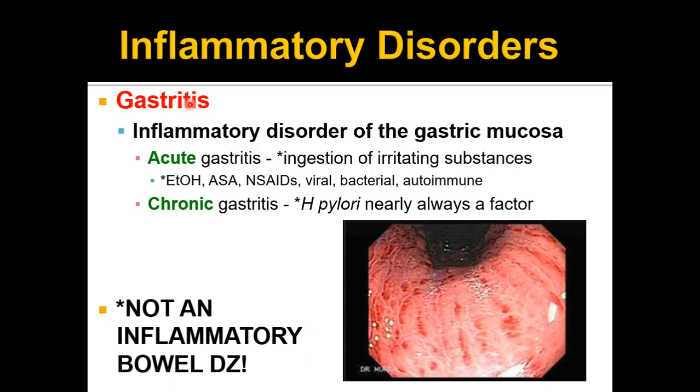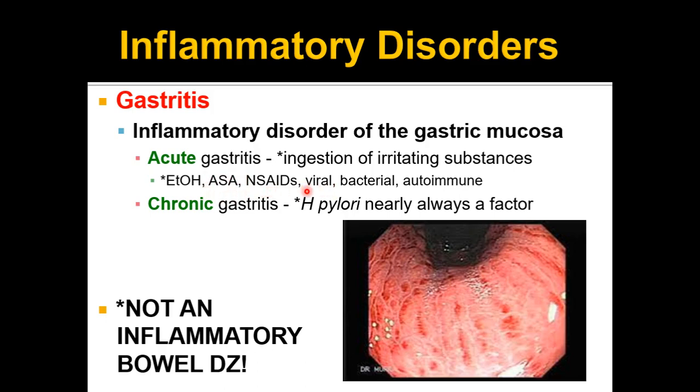Gastritis. Remember, anytime you see "itis" at the end of anything, that means inflammation of whatever the root word is. So this is inflammation of the stomach, and it's the gastric mucosa that's inflamed here. We can have acute gastritis and chronic gastritis. Acute gastritis is usually caused by ingestion of irritating substances, like overindulgence of alcohol or aspirin, that's what ASA is, or NSAIDs.